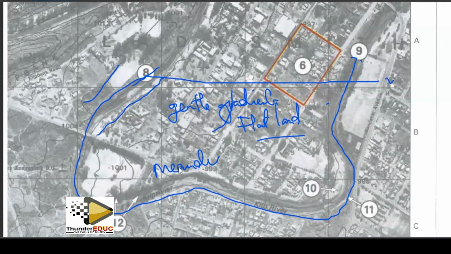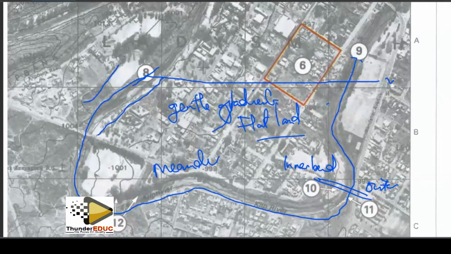Refer to block C5 on the orthophoto. Why will more erosion take place at 11 than at 10? We are looking at this part here. I think, again, we've explained something in relation to that. This is a meander, and on the meander, this is the inner bend, and this is the outer bend. The question is asking, why is there more erosion at 11 than at 10?